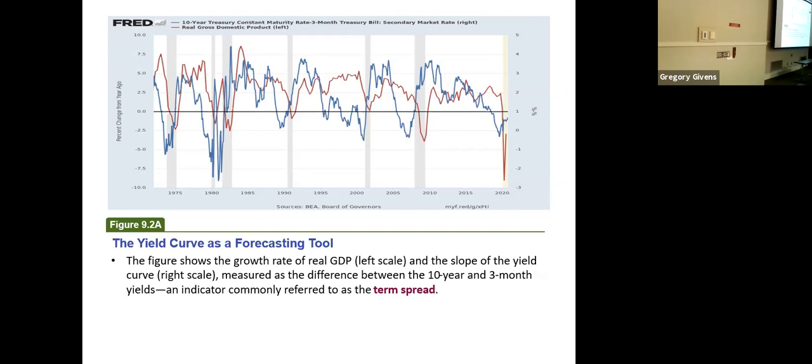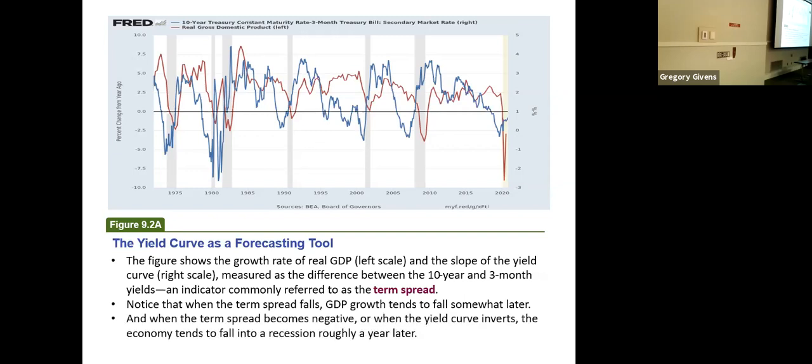What do you see happening to real GDP growth after episodes in which the term spread starts to decline? So you can kind of see here, if you take a look at this graph, when the blue line is falling, what tends to happen to real GDP growth soon after? It also tends to decline, right?